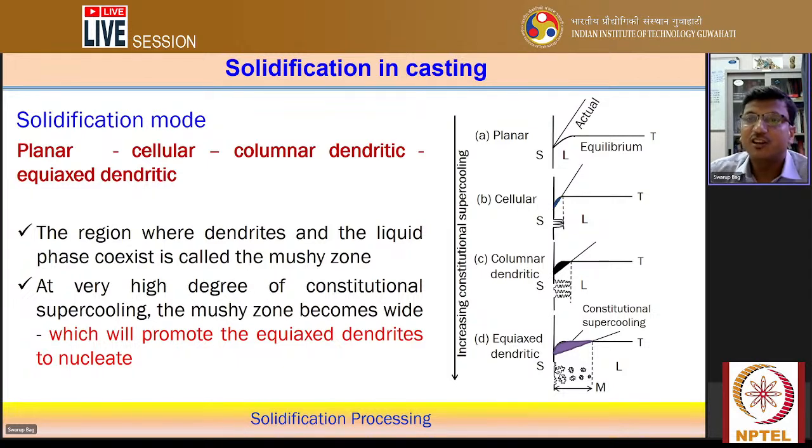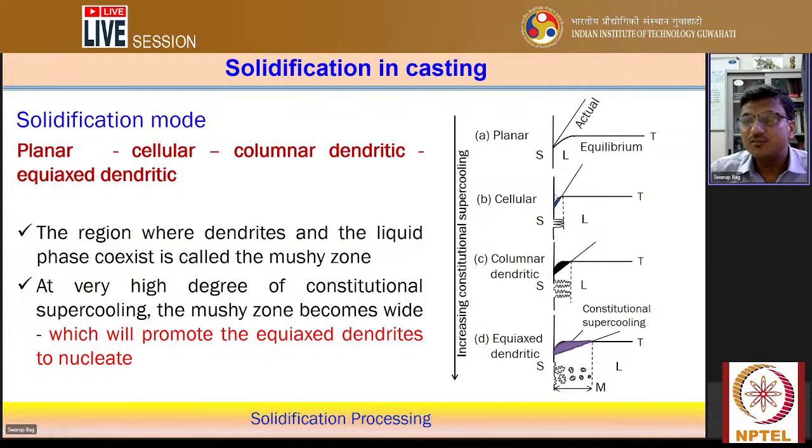Now here you can get more understanding of the solidification modes. Graphically we can understand the planar, cellular, columnar dendritic and equiaxed dendritic conditions. Looking at the solid phase, the liquid phase and the interface, where the equilibrium temperature is T, the slope is very high and it doesn't create any shaded zone. That means there is no constitutional supercooling, which creates the condition of a planar solid liquid interface.